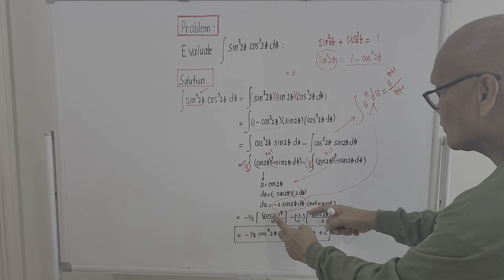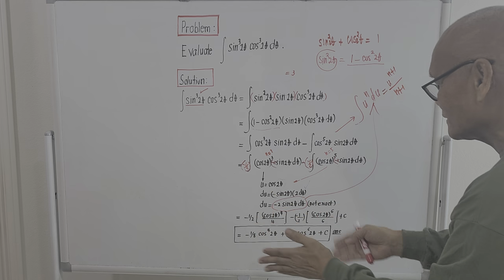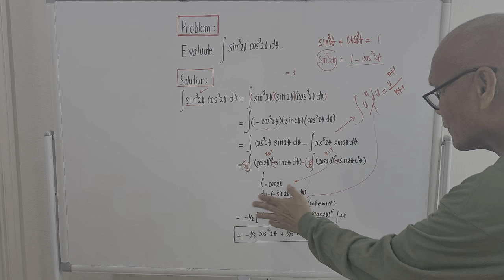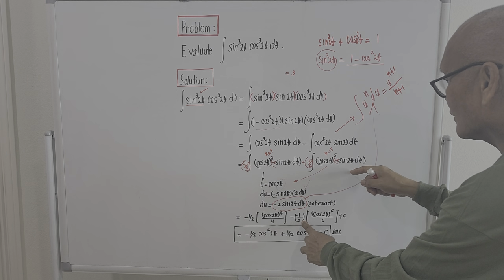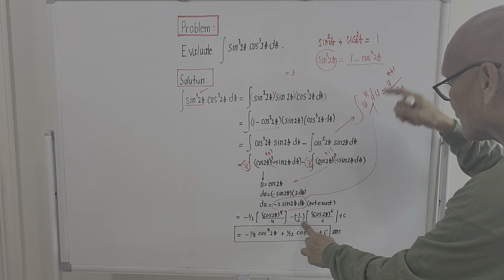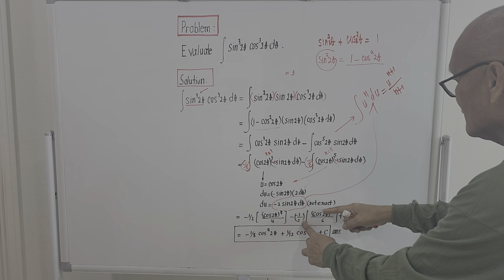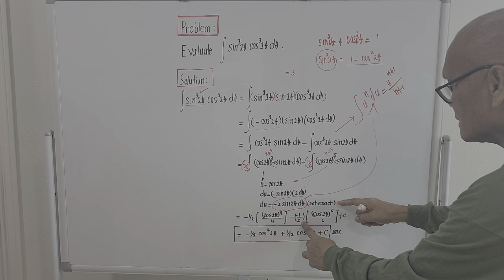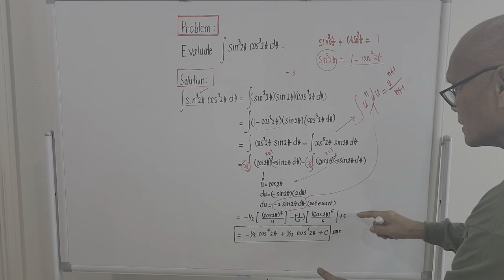So negative, open quantity, negative 1/2. This is very critical because if you miss your quantity, you will be wrong on the sign. So negative, open quantity, negative 1/2, we insert negative 1/2. And the integral of this still follows the power formula. The value of u is cosine of twice theta. The power now will be 5 plus 1, this will be 6, all over 6. Close bracket, this is plus c.